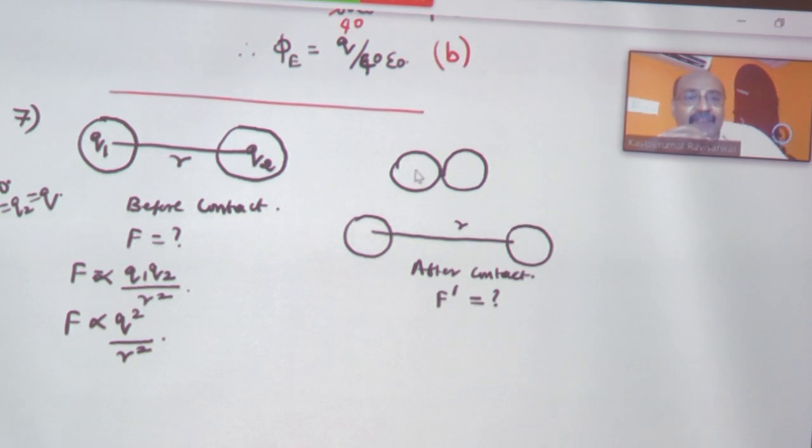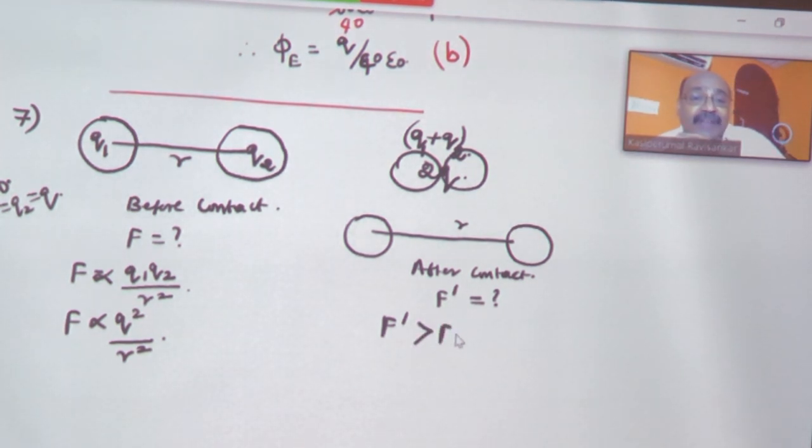After making these two get in contact, the total charge available will be Q plus Q, so the total charge will become 2Q. When you separate them and calculate F dash, this F dash will have a greater force than F.